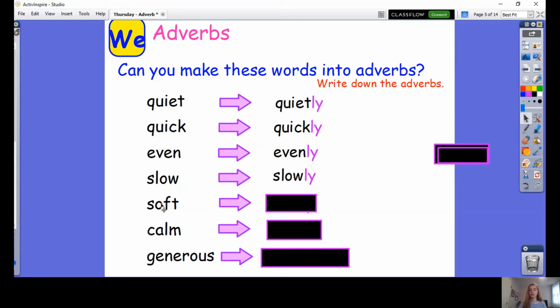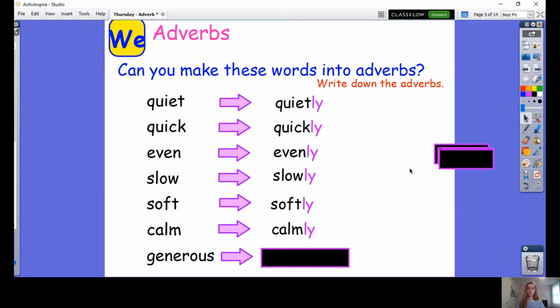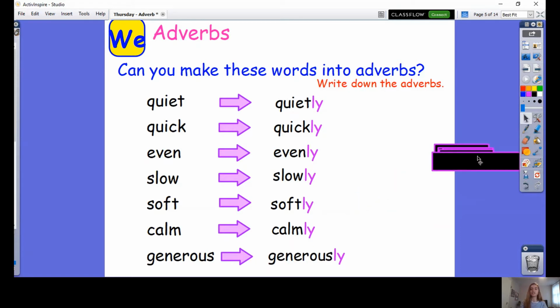Soft becomes softly. Fantastic. Calm becomes calmly. He calmly walked back to the classroom. And the last one, generous becomes generously. He generously poured chocolate all over his pancakes. Well done.